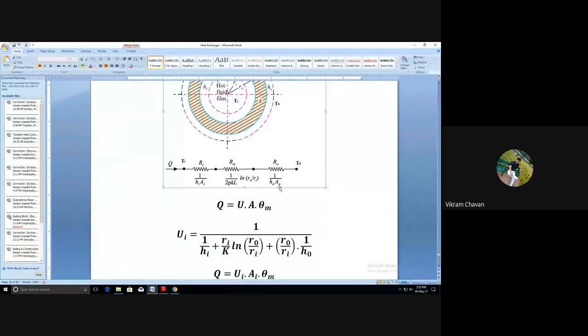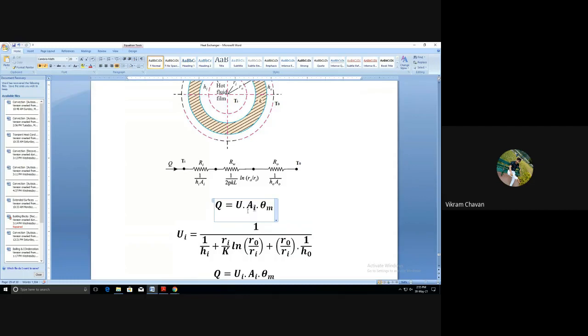So which surface area do we have to consider here? If we consider this surface area as A i, we have taken the internal surface area common and transferred it to the numerator side.